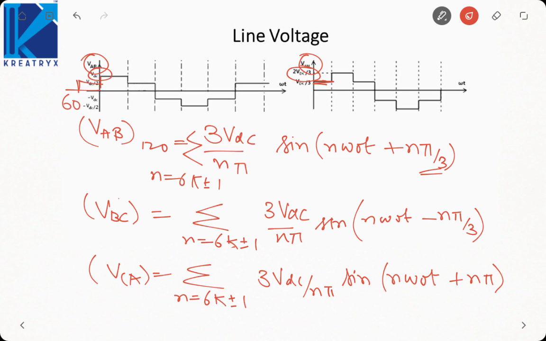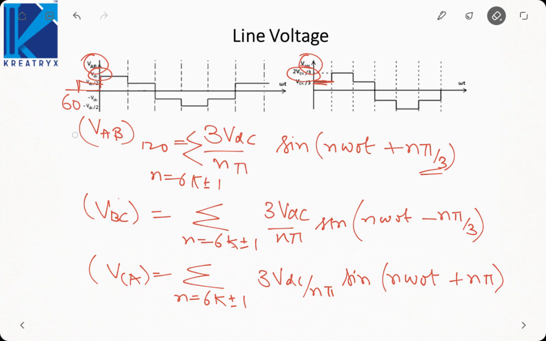Okay, so this will be the 3 line voltages of the 120 degree conduction mode. Is it fine? Now if you see here, VAB is coming at an angle of 60 degree, whereas VAN that we derived has an angle pi by 6. That means the line voltage is leading the phase voltage by 30 degree. That should be the case for the star connected load.